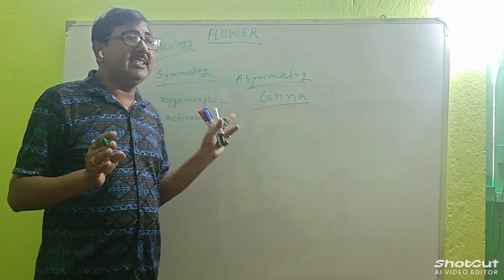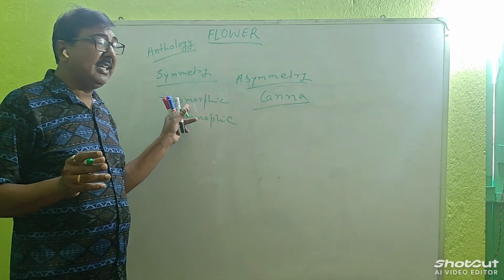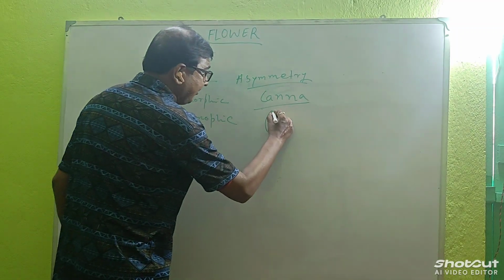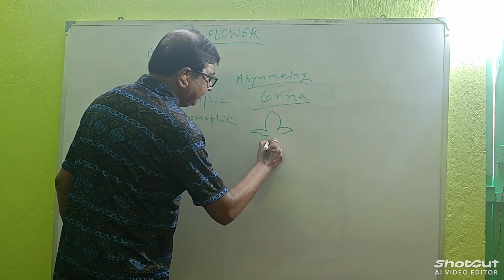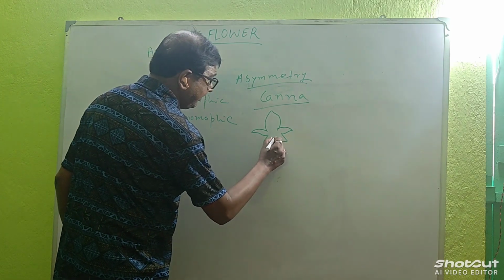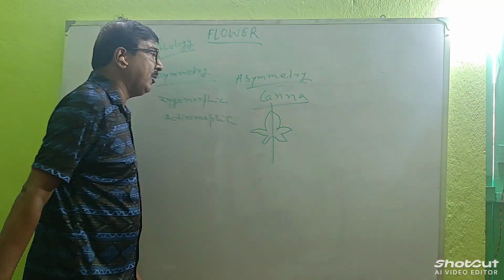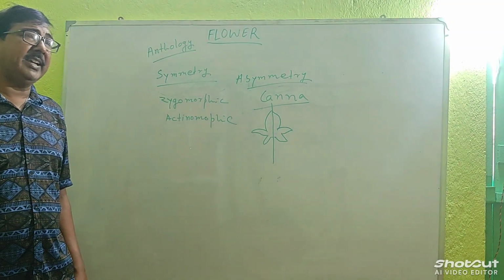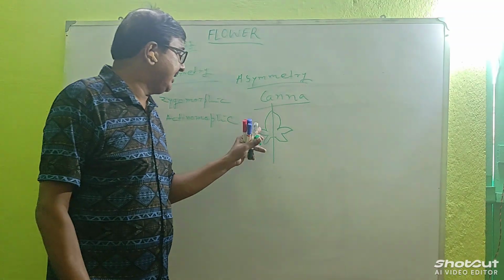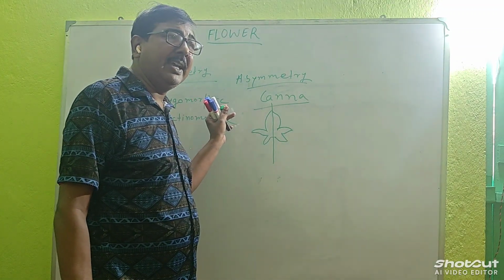This is zygomorphic. Example is clitoria. See this picture? With this flower, we can divide only through one line, into two planes. This is the zygomorphic flower.